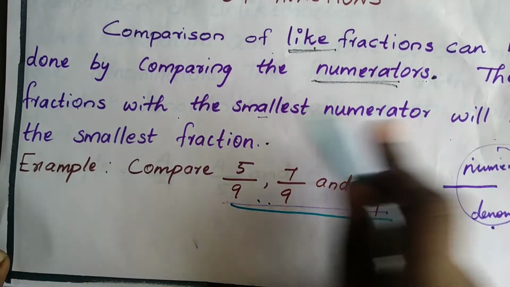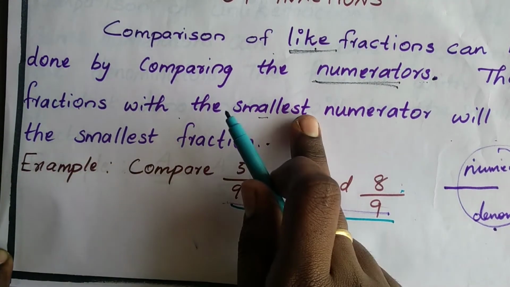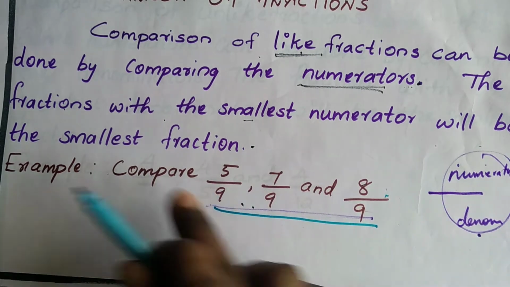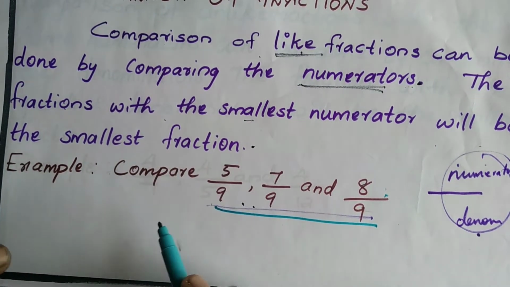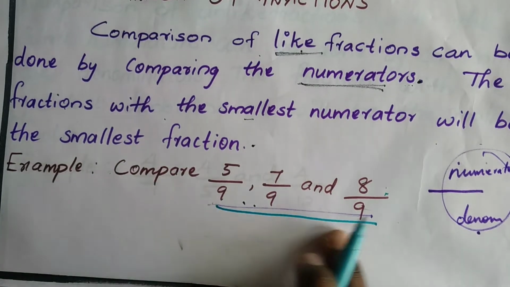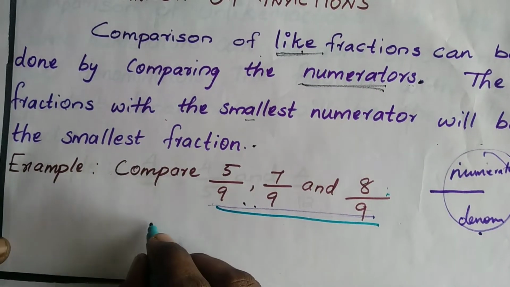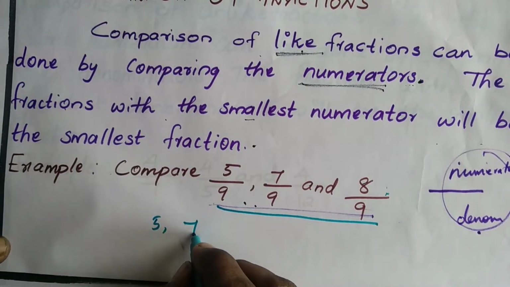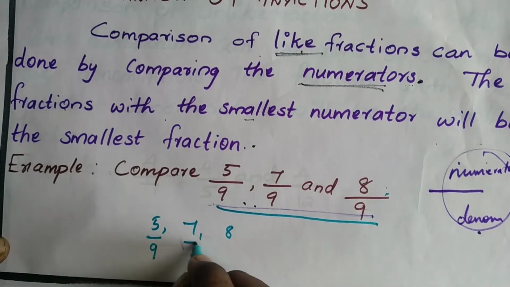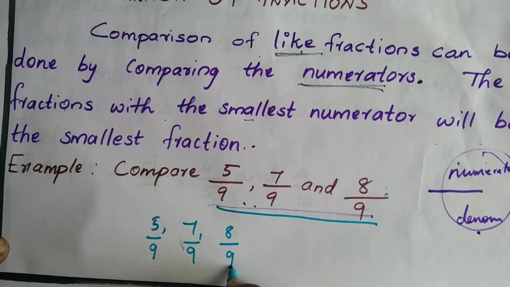Next, the fraction with the smallest numerator will be the smallest fraction. Here all the denominators are the same, so come to the numerators. What are the numerators here? 5, 7, 8.